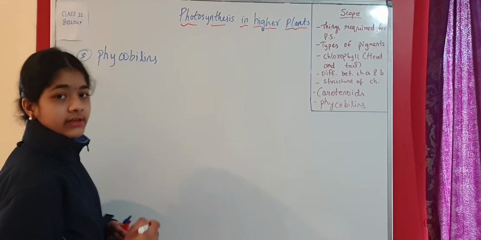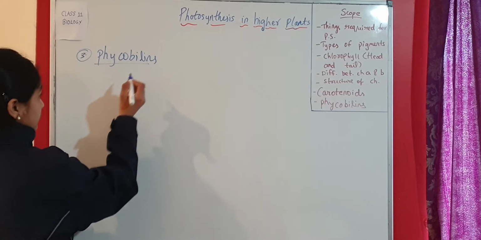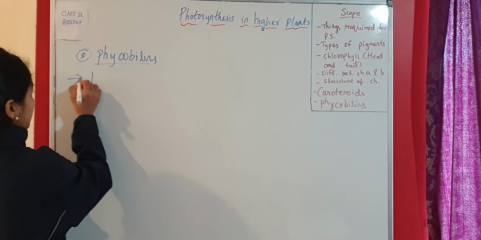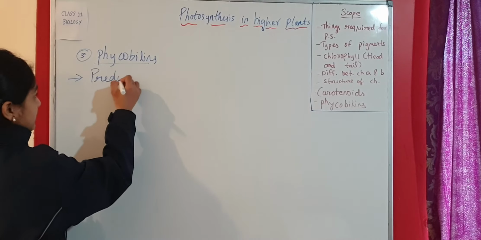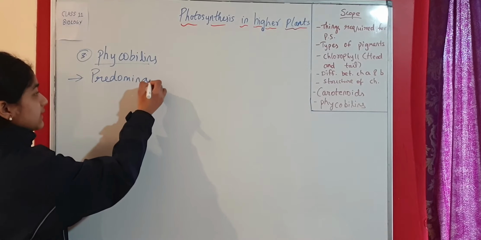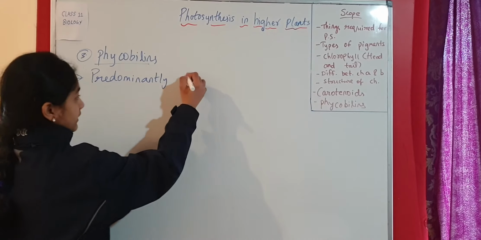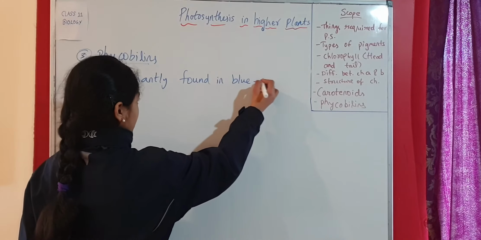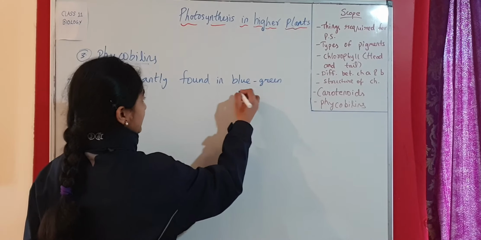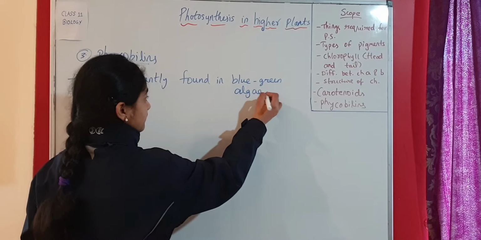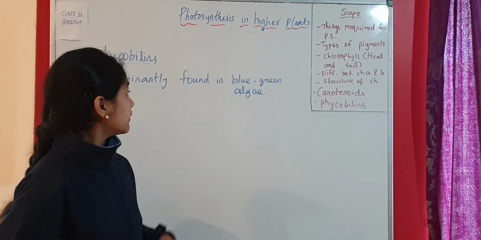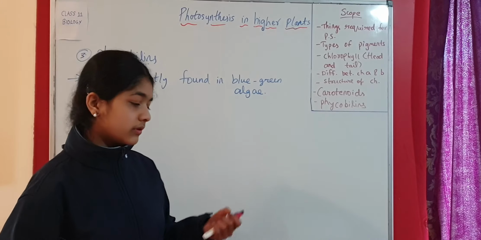Now, phycobilins are predominantly found in, so the first characteristic is predominantly. Predominantly means largely found in blue-green algae. Blue-green algae are cyanobacteria, which are kept under kingdom Monera. So they are predominantly found in blue-green algae.